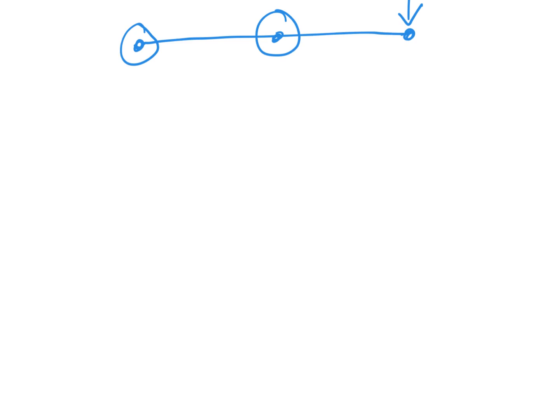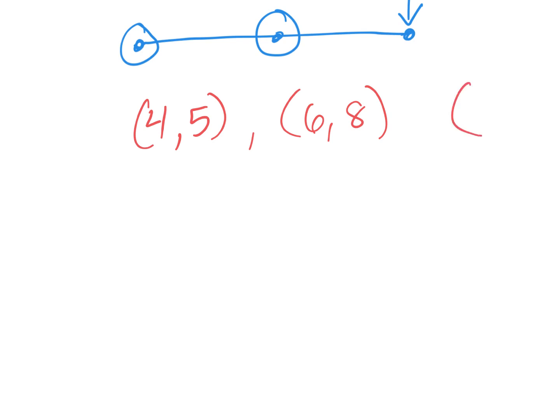So somebody give me a point, any point. 4, 5. And now give me another point. 6, 8. I'm going to put that right here. And then I'm going to put another point, x, y.